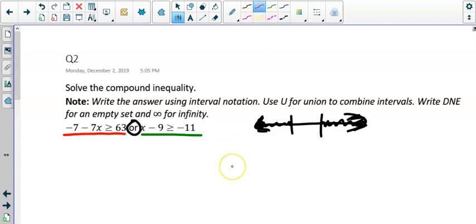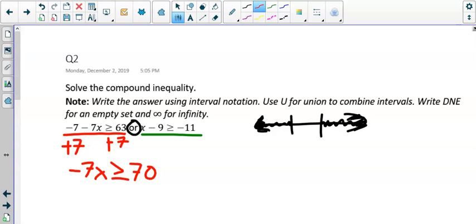So for our red problem right here, what are we going to do? There you go. We'll get the x by itself, so we add 7. Good, Yolanda. So -7x is greater than or equal to 63 plus 7? 70. Cool. All right. Now what?